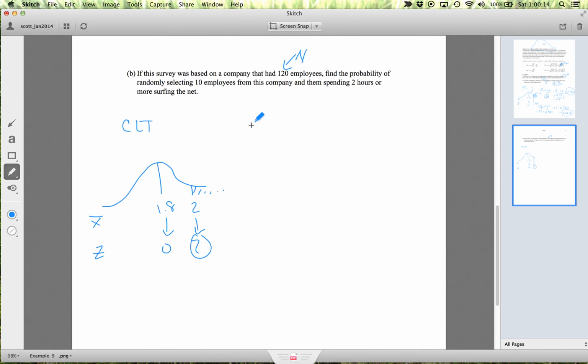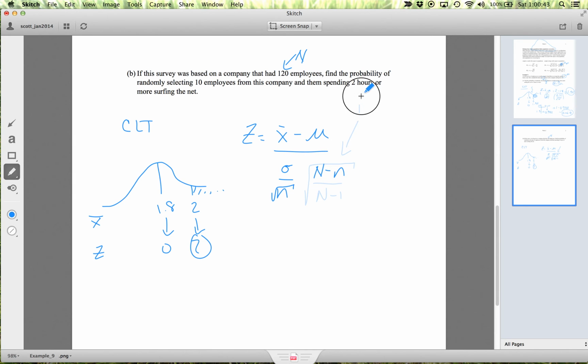We need to use our formula that we're familiar with here. But because we know what the population size is, we need to add on this correction factor. This is large N subtract n over large N subtract 1, and this is square root.